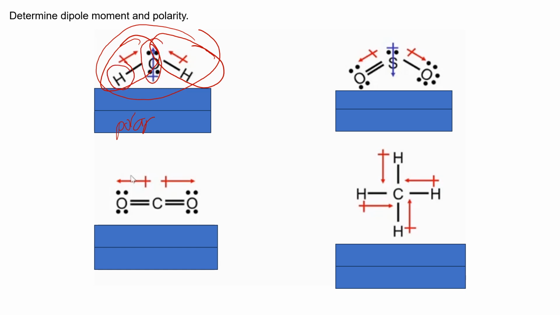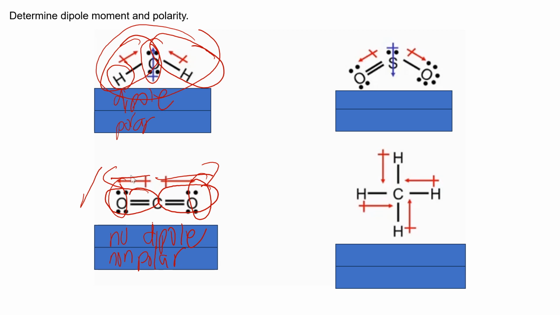And for your carbon dioxide here, this is a non-polar molecule. Non-polar because although these bonds here are polar, oxygen being more electronegative than carbon, the dipole moments cancel out. You can easily see that in the structure. So this has no dipole moment. This one is with dipole moment.